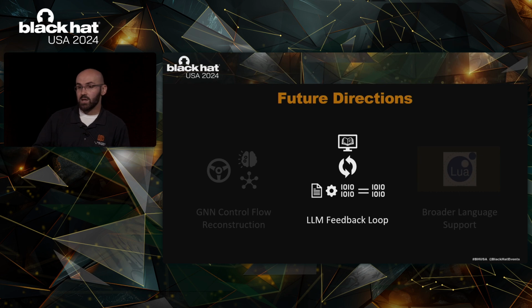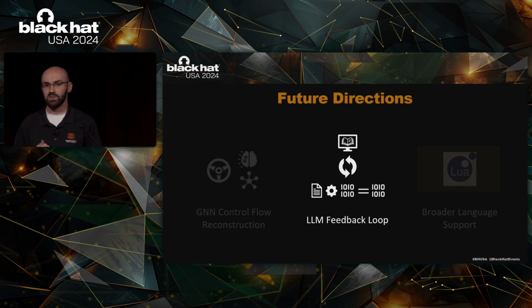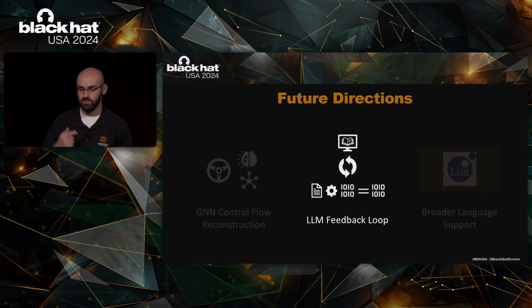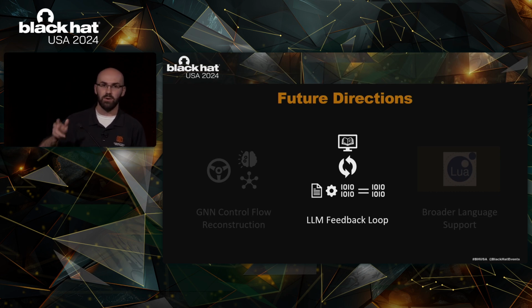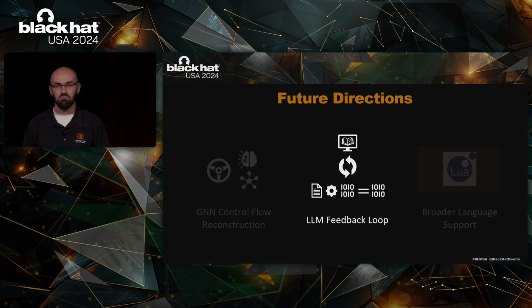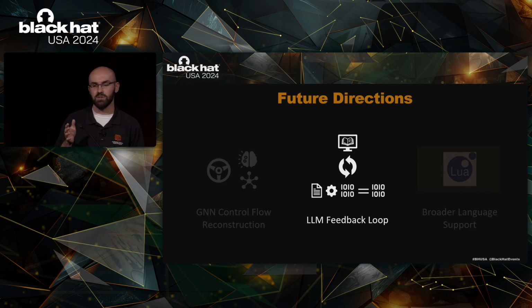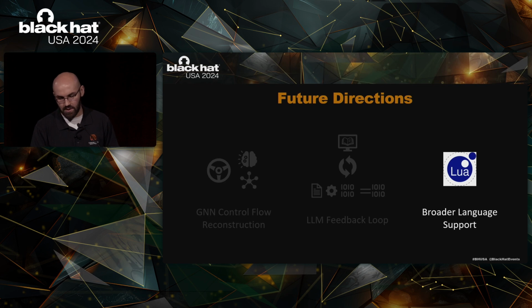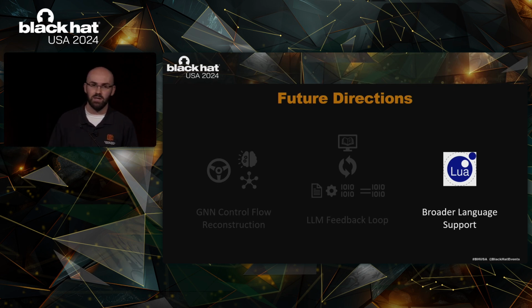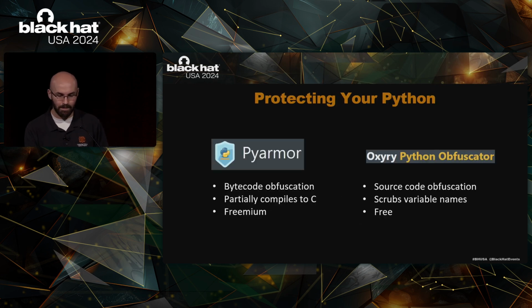We're also looking at incorporating large language models into that patching feedback loop we just discussed, because following the success of guess and check architectures like AlphaCode and AlphaGeometry, as long as we have a strict mechanical verifier, we can throw language models at the problem and make a little bit of progress and reduce some of the workload for you. And lastly, we are setting our sights on other languages with properties similar to Python, because so much of our pipeline is already driven by data. We have our sights set on Lua for now.